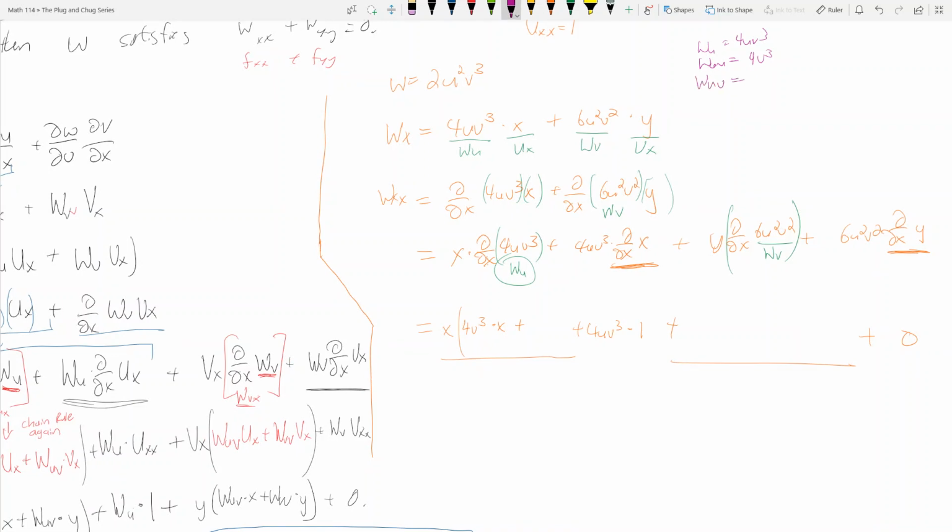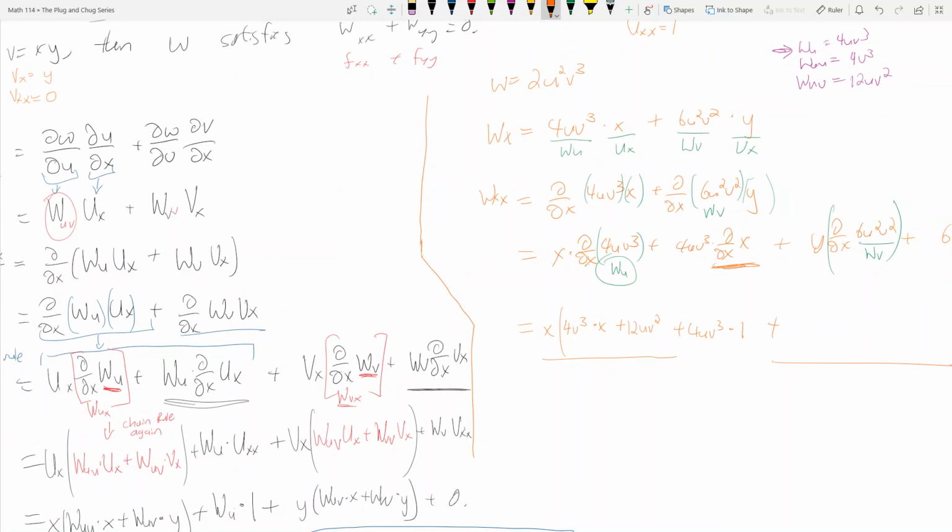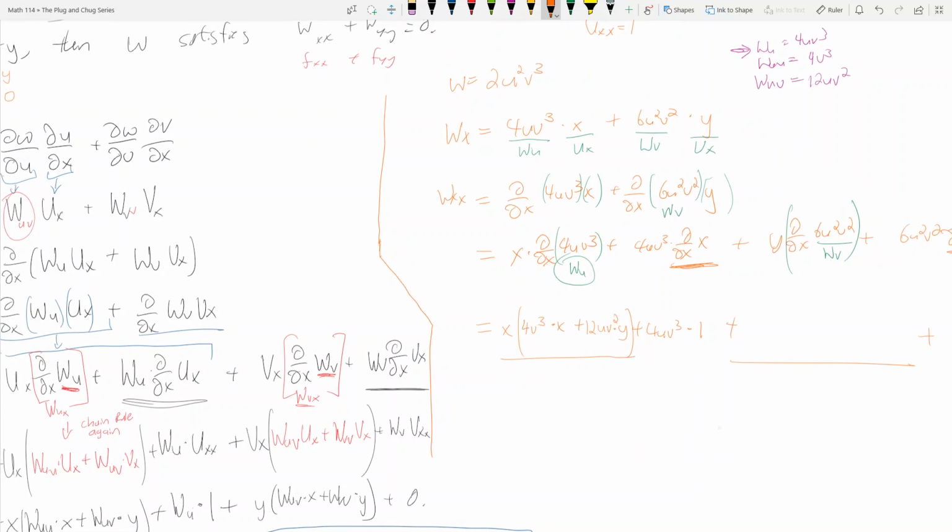So now I have to take this guy and take the derivative with respect to v, and I get 12u v squared. So now I get 12u v squared, and I also need a v sub x, which is y. Okay?